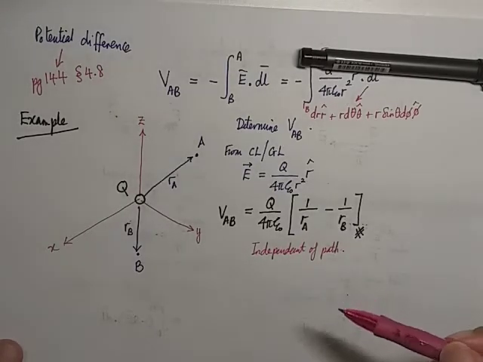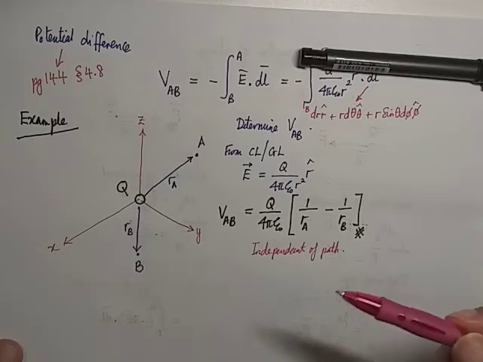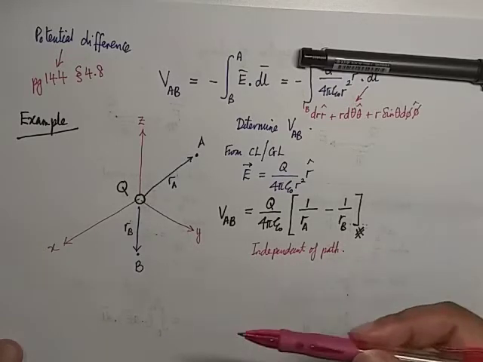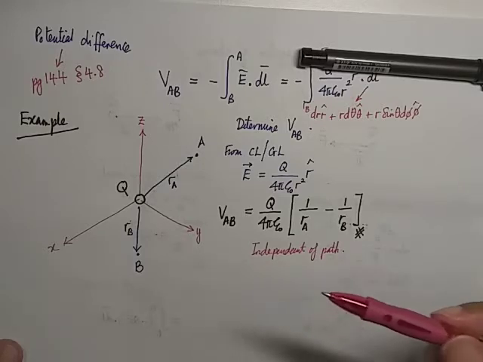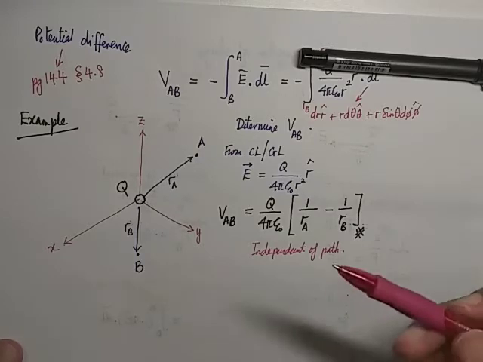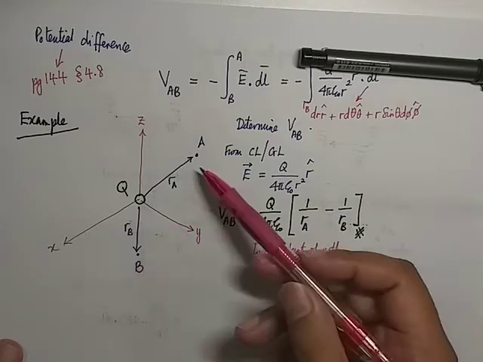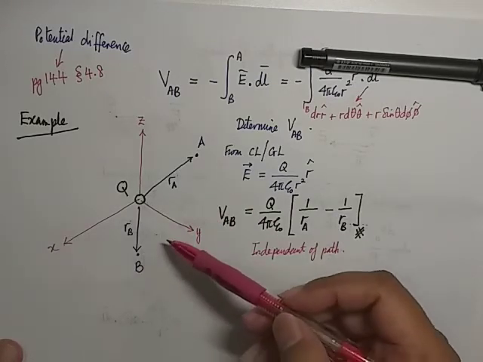Because you have to remember, potential difference adalah kerja yang dilakukan, membawa charge titik bernilai 1 coulomb, membawa charge titik daripada titik B ke titik A. So you are moving a point charge from B to A, so you need a path.